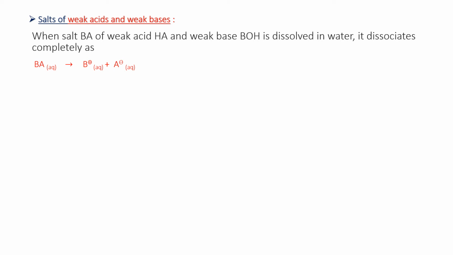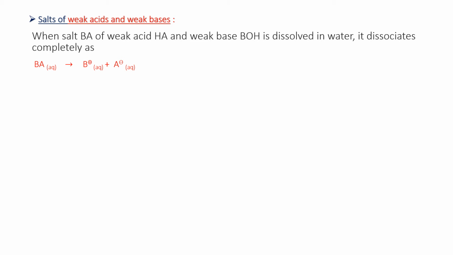In this case BA is a salt made from a weak acid, that is HA, and a weak base, that is BOH, and it is dissolved in water. Now we have to see what the products or ions are. So we take a general example for the salt of a weak acid and weak base, that is BA.